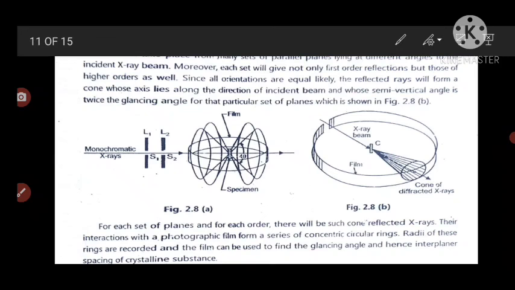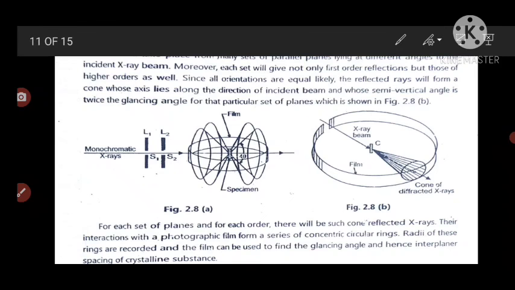So reflection of the higher order is also observed here, and since all orientations are equally likely, the reflected rays will form a cone whose axis lies along the direction of the incident beam.